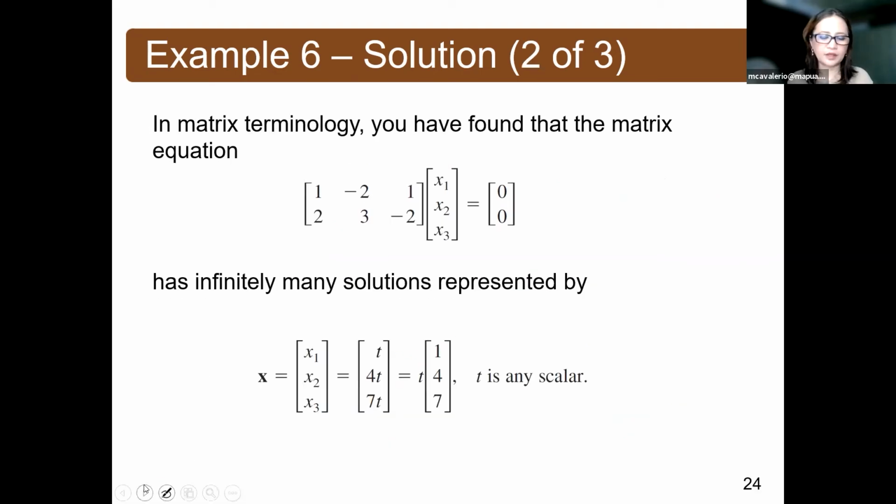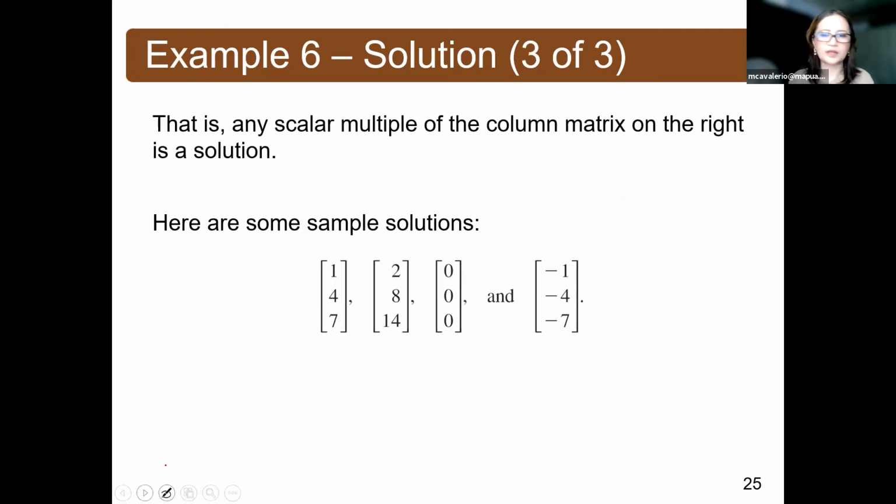Now, if I regard t to be equivalent to 1, I have my solution, which consists of 1, 4, and 7, as x sub 1, x sub 2, and x sub 3 respectively. So any scalar multiple of the column matrix on the right is a solution.